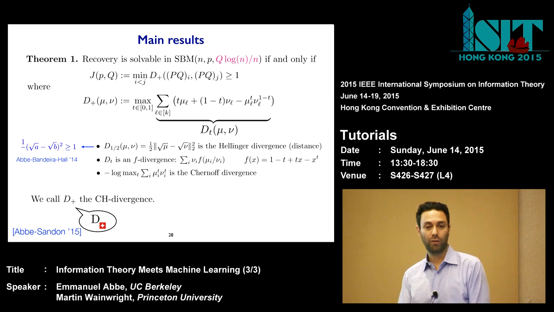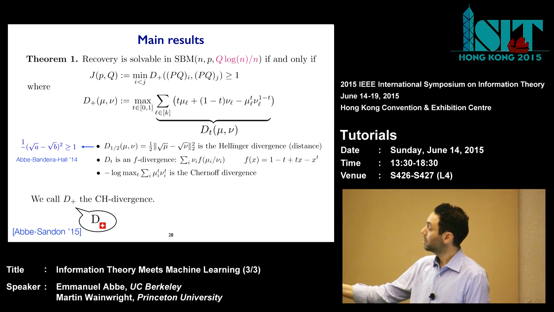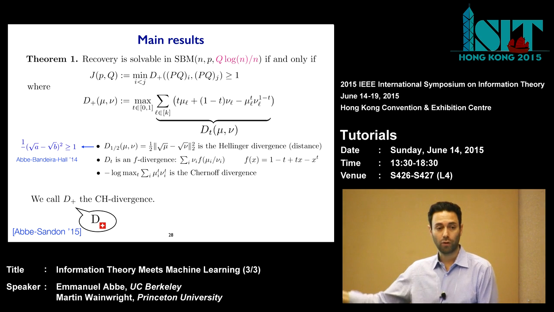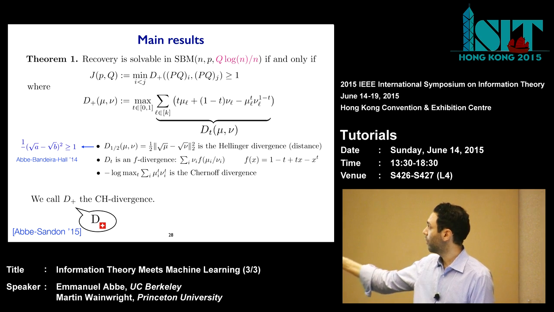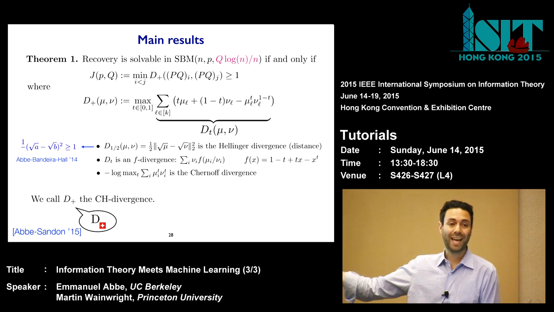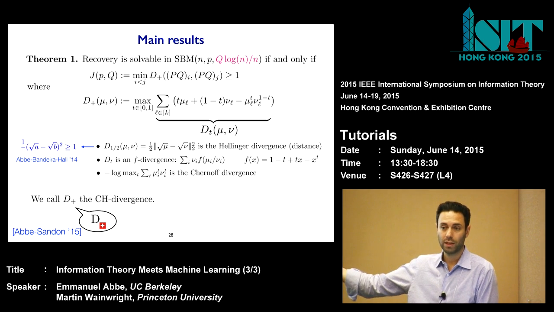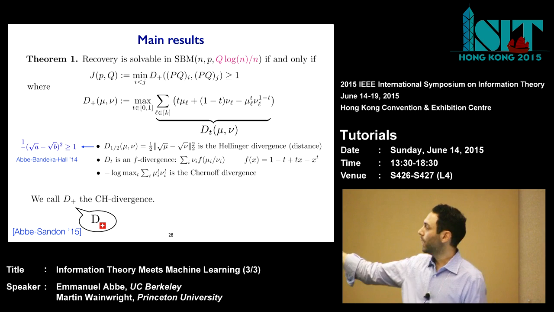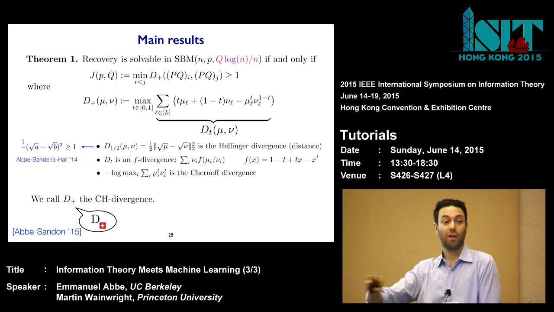Just like the KL divergence, D_t you can write as the second measure times a convex function of the ratio of the two measures. And here is the function. Instead of being x log x, like for the KL divergence, it's this function here. So what does this tell you that it's an f-divergence? I guess nothing, except that it's another f-divergence like the KL.